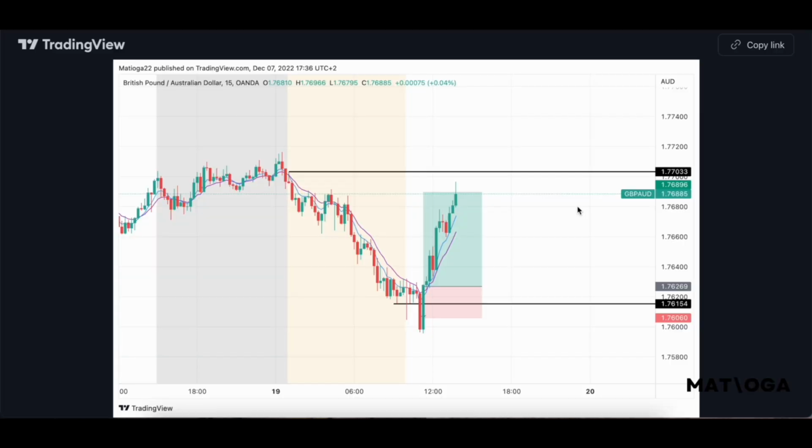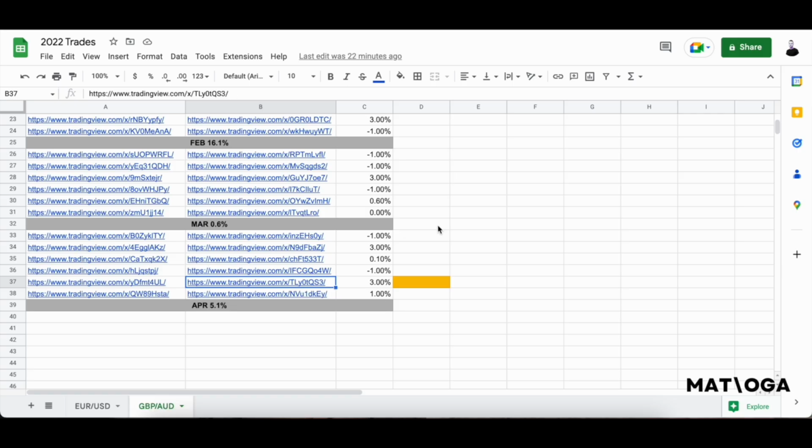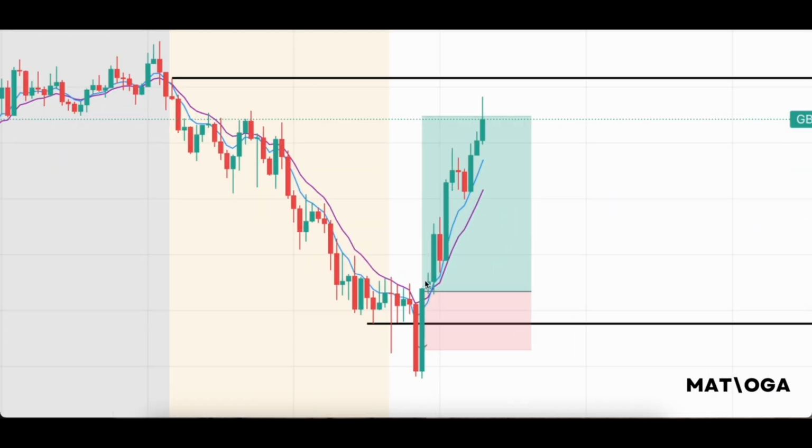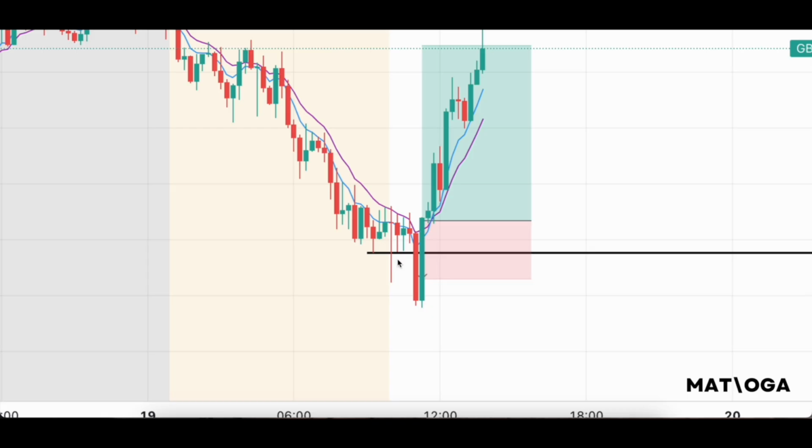Next trade, a good one, and this is an important one, I believe. Let's go through the trade. Session high, session low, London, nothing, rejection, breakout, followed by rejection, and it's a good long position, a strong bullish candle above the EMAs, above the session low after the rejection.